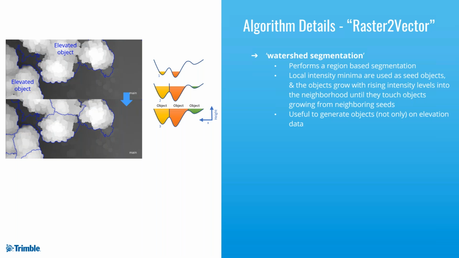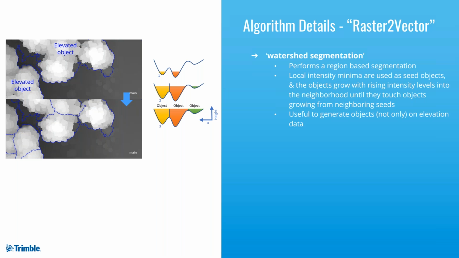The way the watershed segmentation works, if you're really looking for details, you're in luck, because our deconstructed video of the month, you could say, is watershed segmentation. We have a great video series on eCognition TV where we take an in-depth look at individual algorithms, and the algorithm that we just covered was Watershed.